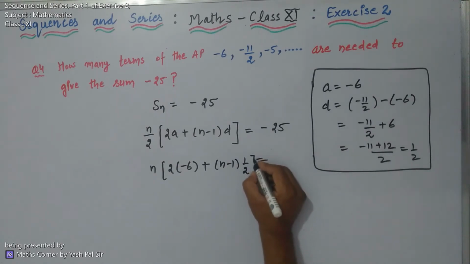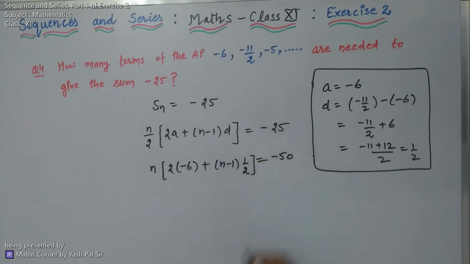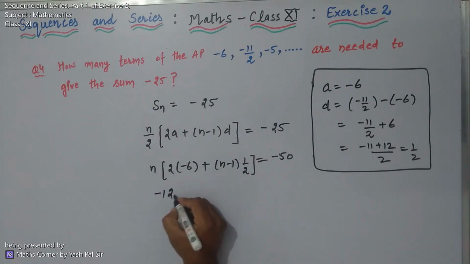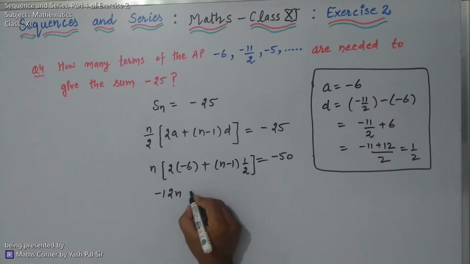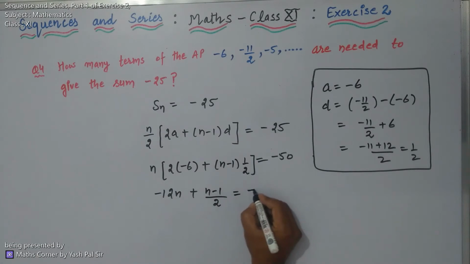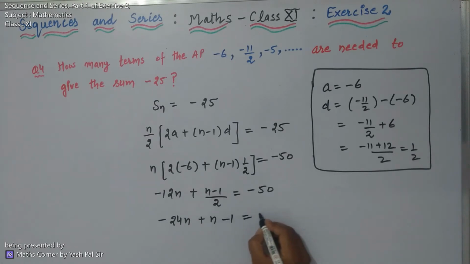is equal to 2 into 25 minus 50. So now we have minus 12n plus n minus 1 upon 2 is equal to minus 50. Again multiplying throughout by 2, minus 24n plus n minus 1 is equal to minus 100.